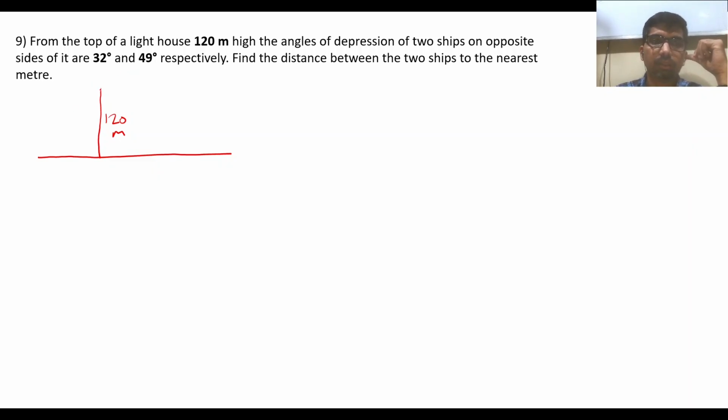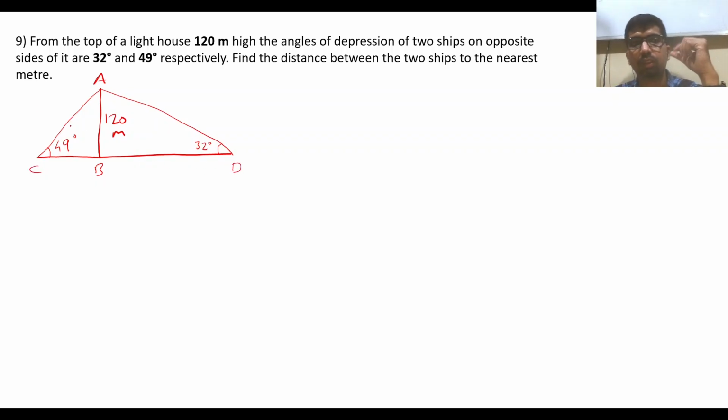The ship which is closer will have the higher angle, that will be 49 degrees, and the ship which is far away will have the smaller angle, which is 32 degrees. Getting it? You have done these concepts many times. Closer objects have a higher angle of elevation or depression, far away objects have a lower angle of depression.